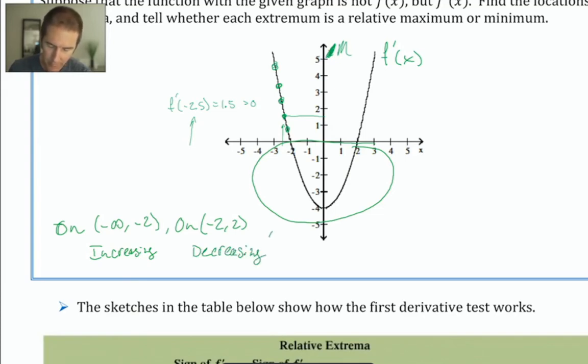And then this graph transitions to this portion over here where we have m values that are greater than 0 again. We're above the x-axis, therefore on 2 up to positive infinity, those are x values, we are increasing. Our original function is increasing again.